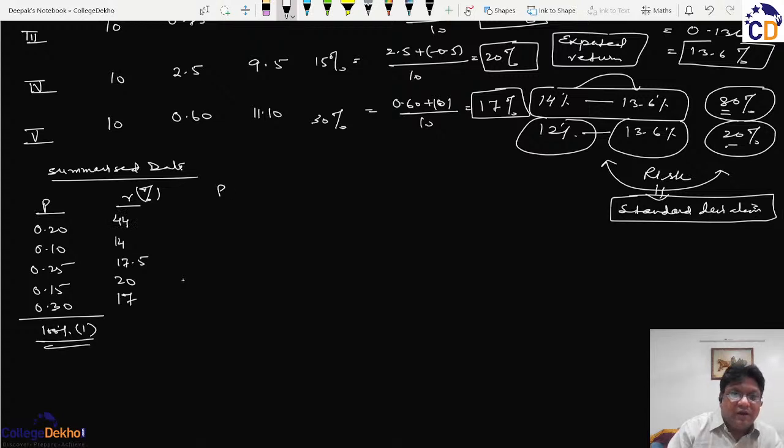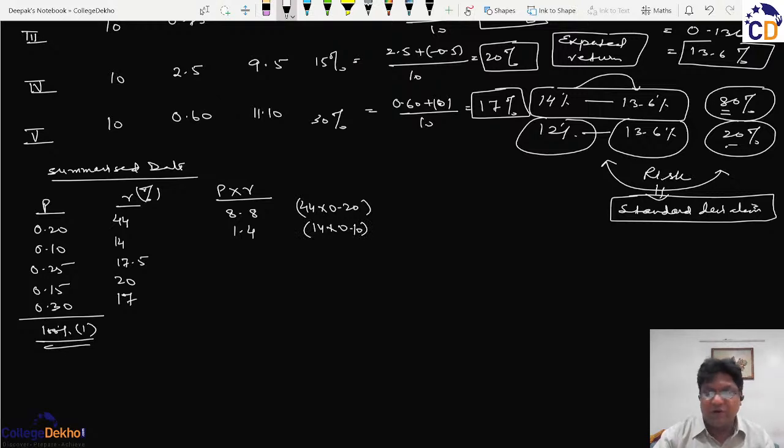So if I multiply probability with the R, this will come out to be 8.8, this will come out to be 1.4. So how has it come? 44 into 0.20, 14 into 0.10. This will come out to be 17.5 multiplied by 0.25, so it is coming out to be 4.375.